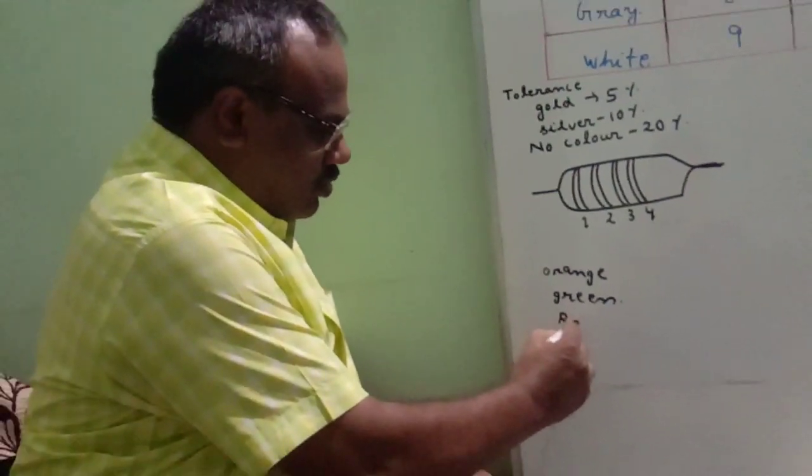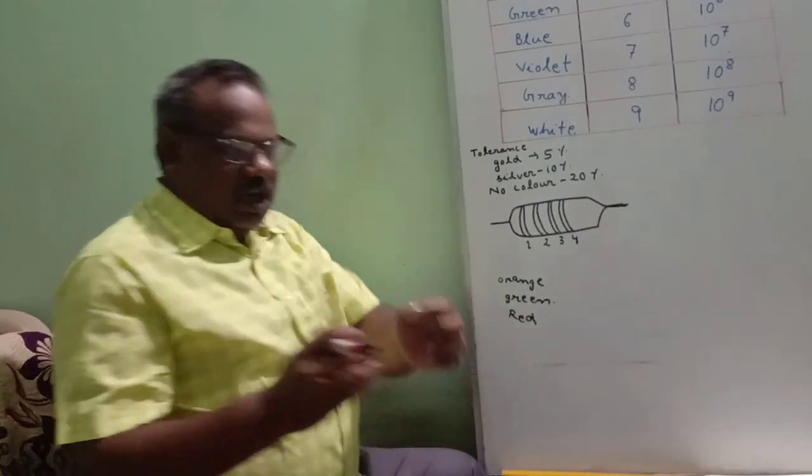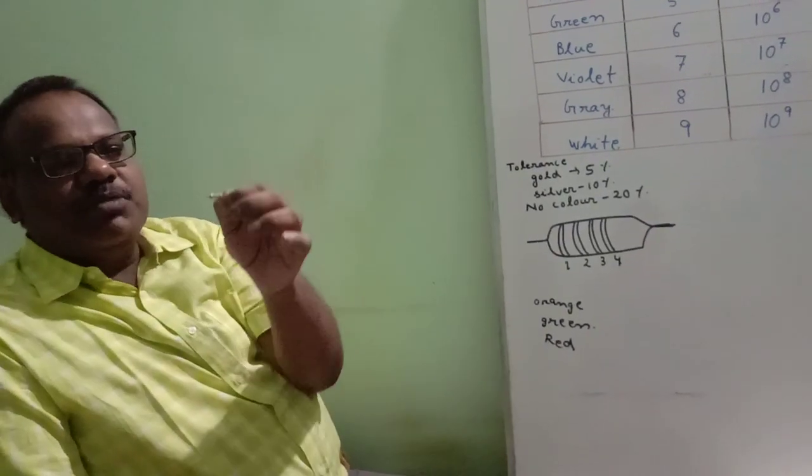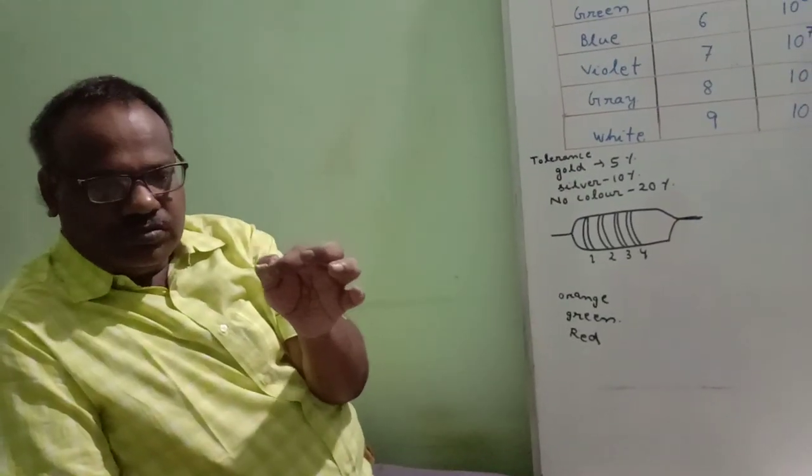These are the three colors given here. This type of resistor we use in the fabrication of computers or any type of chips. So this is a very small one. The shape is small, but its value is very large.